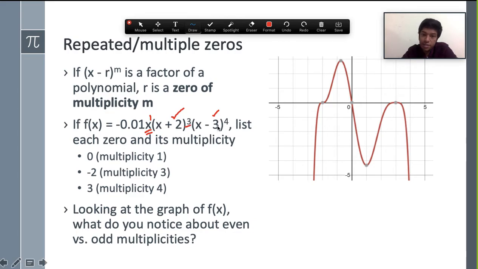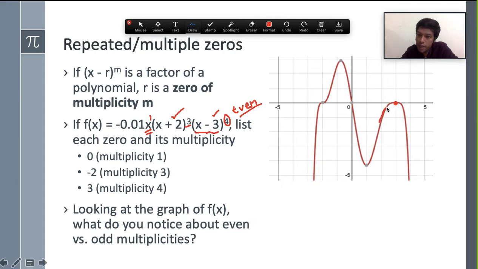It means that this is x minus 3, so you know the real zero is plus 3. At plus 3, since the power is an even number, the graph will only touch. If the multiplicity is even, then the graph at that point will only touch.